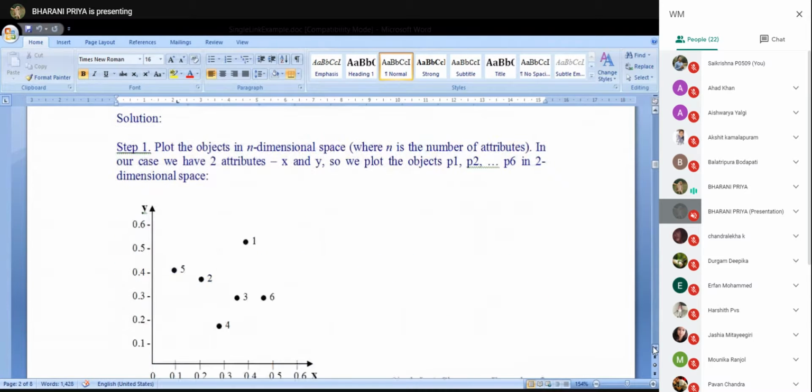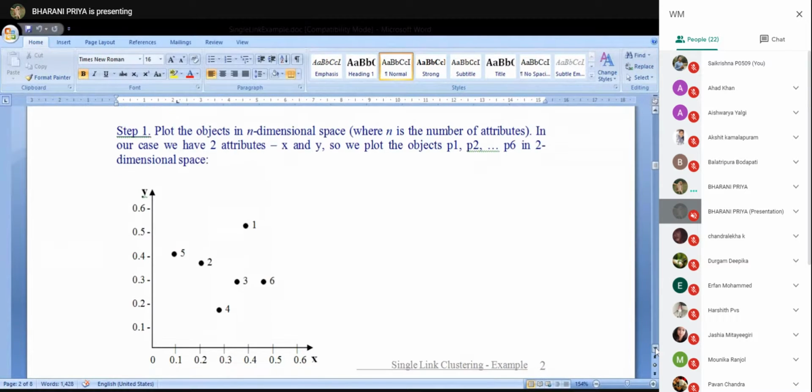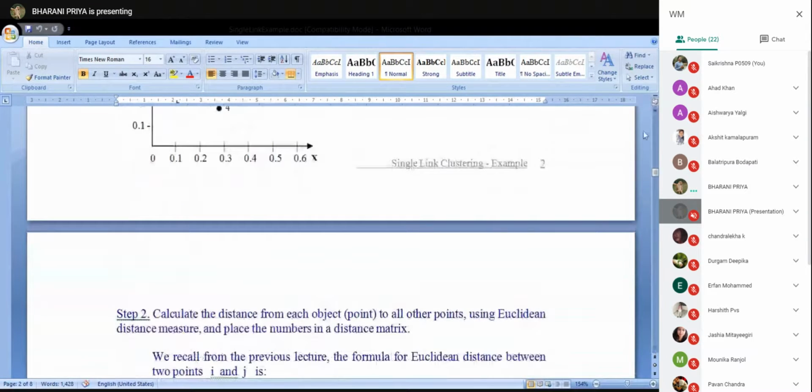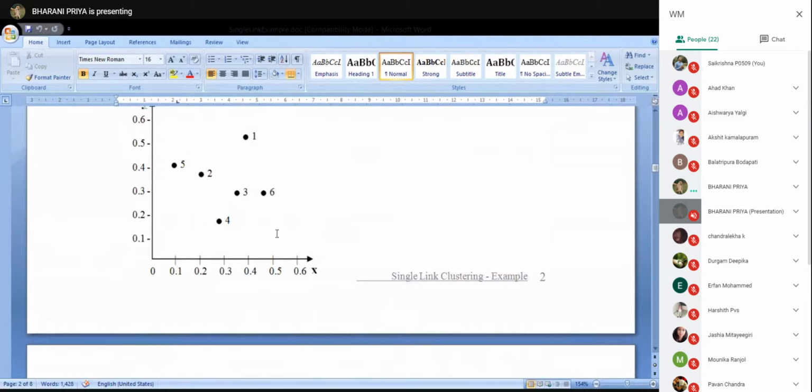I am plotting all the variables. Here there are all the single examples. Now we need to group them. How will you group?